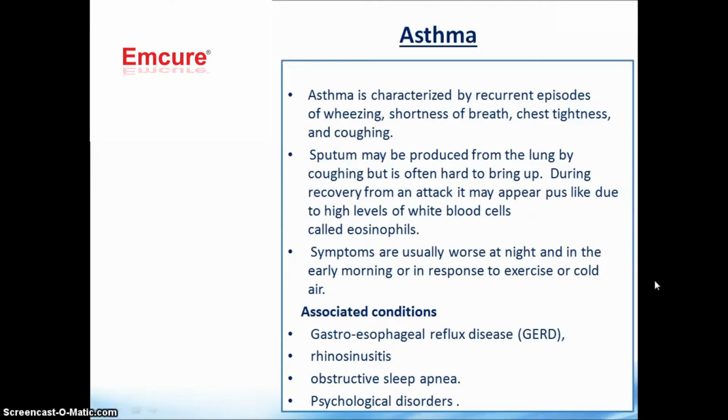Symptoms are usually worst at night and in early mornings or in response to exercise or cold air, where it can be associated with GERD, that is gastroesophageal reflux disease, rhinosinusitis, obstructive sleep apnea and psychological disorders. So these are the associated conditions along with asthma.